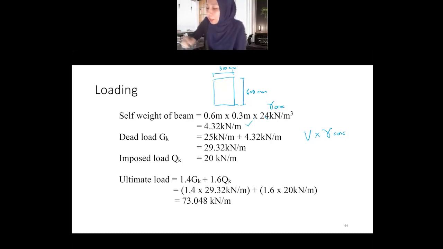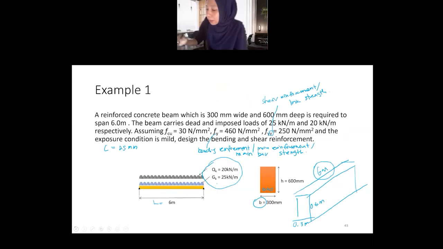After that, we know that self weight ni adalah dead load. Means that the load given in the question dekat sini ni, dead load GK ni, this is load that maybe perhaps it is coming from elements yang lain. Maksudnya transferred elements lah. Contohnya kat sini, we have a slab.